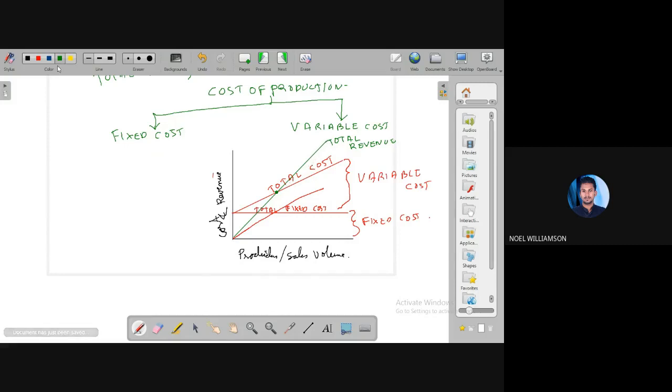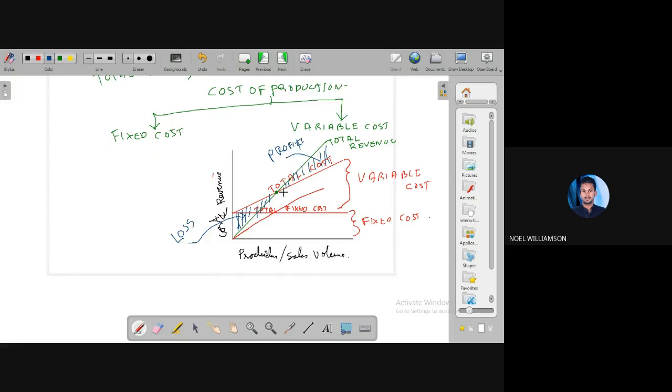After that, the revenue will keep increasing. In this particular area, we can say this is a loss. Here we have the loss, and after this point we will get a profit, that is, the total revenue is greater than the cost. So in that case we will get the profit.